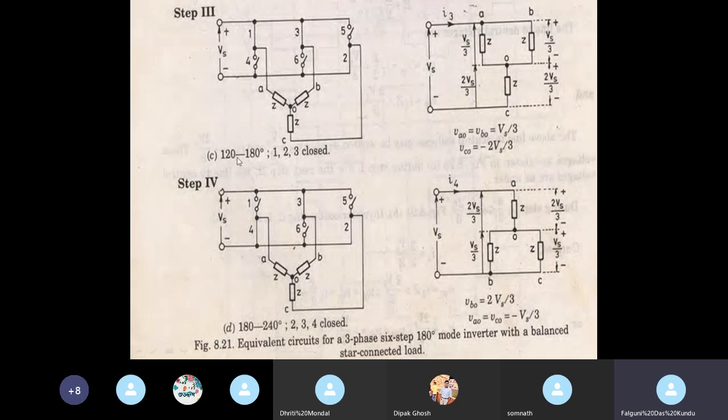Step 3, that means 120 degree to 180 degree conduction, 1, 2, 3 closed, 1 closed, 3 closed, 2 closed. So here 1 and 3 are in parallel. With 1 and 3, C is connected, that means 2 is connected in series.